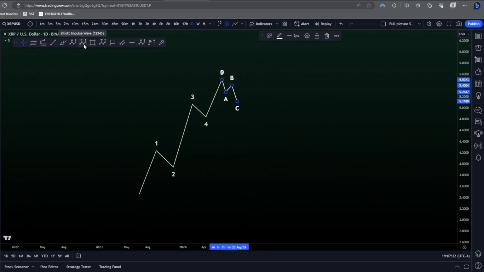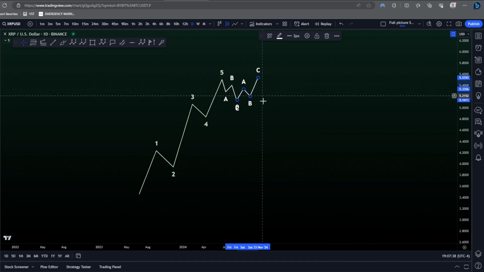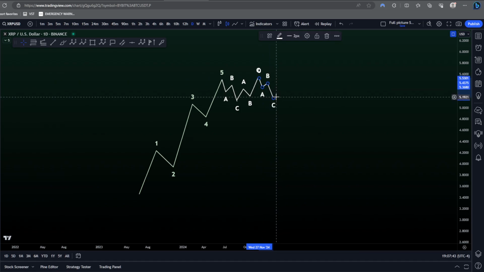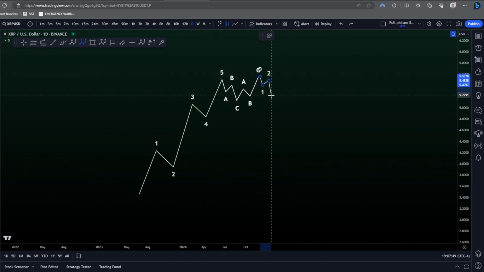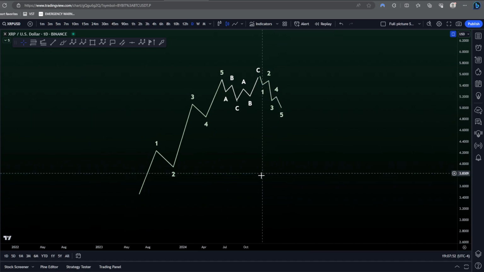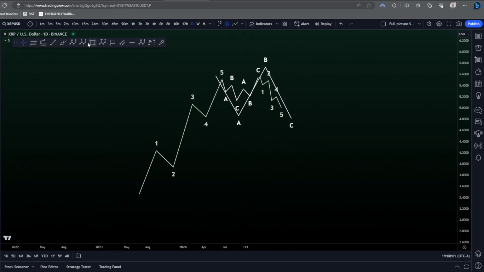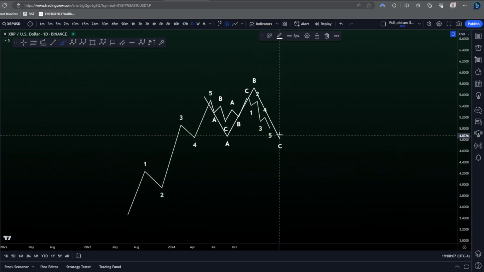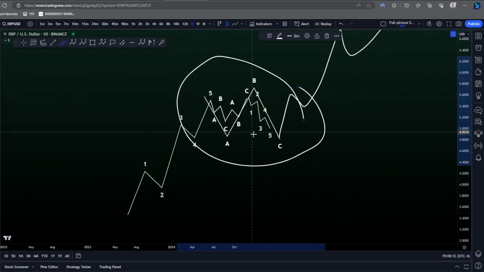They will always look pretty much the same though: a correction down, a correction up, and some type of a pretty heavy impulsive wave to the downside. All right? And that's your correction. That's your bigger zigzag correction, right? And then you start impulsing with your 1, 2, 3, 4, 5, right? But that structure there is your zigzag.